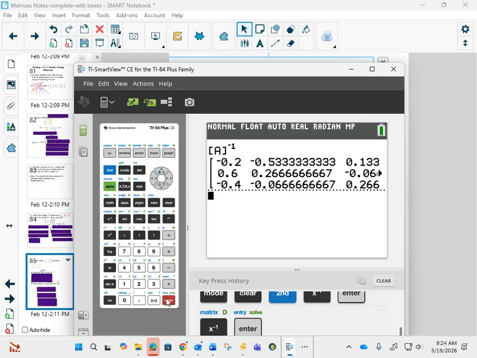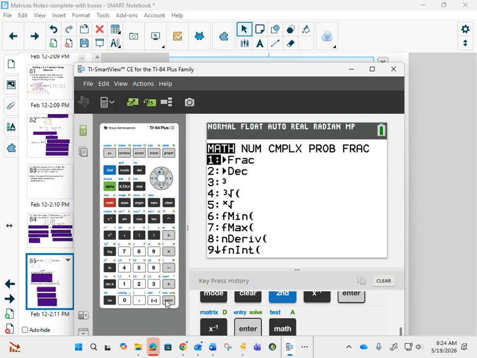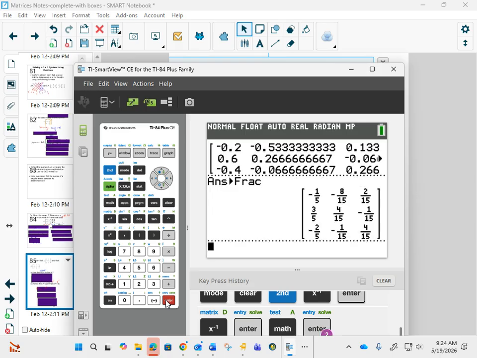And it gives us lots of decimals. So it's going to make sense to hit our math button and change these back to fractions. If you wanted to, can you see that I have a 1/15 kind of in common in here?